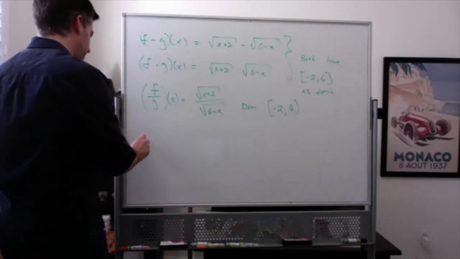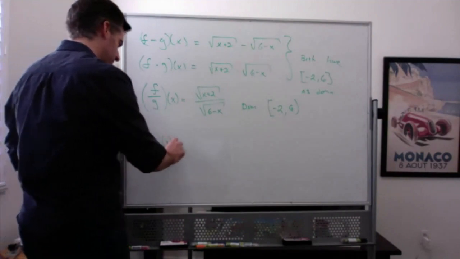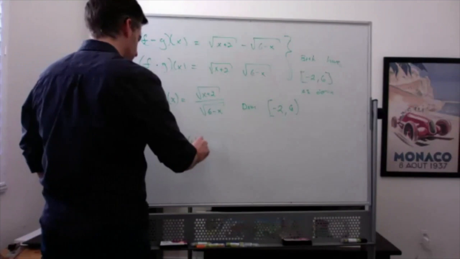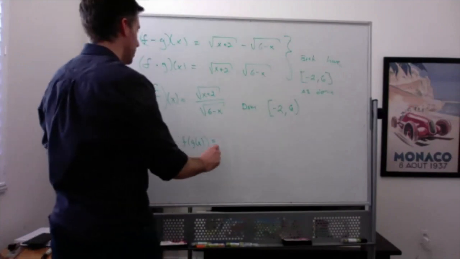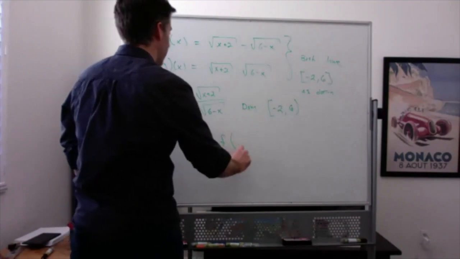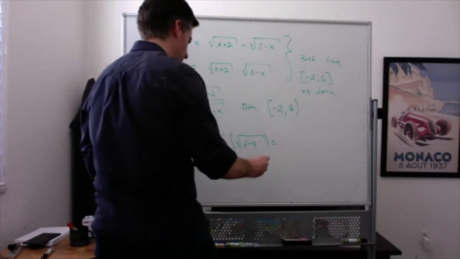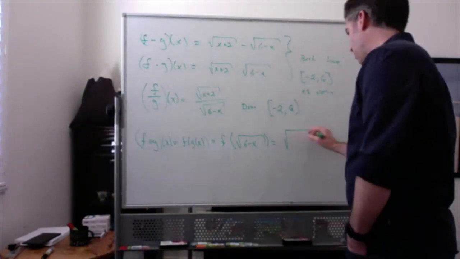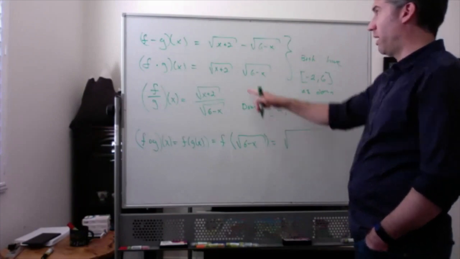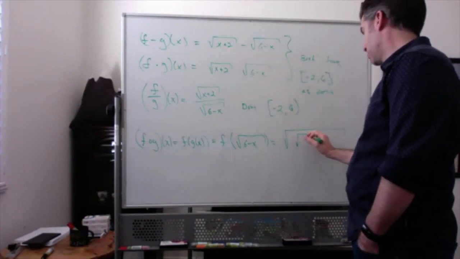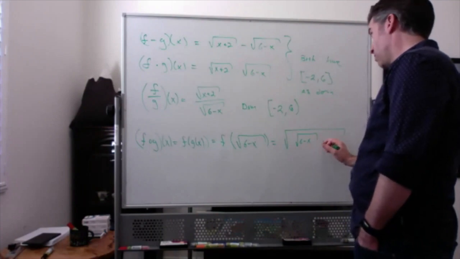So we look at f composed with g, which some people like to write like this. Which I prefer to write like this. That's going to be f of the square root of 6 minus x, which is going to be the square root of, so f is this one, 6 minus x plus 2.